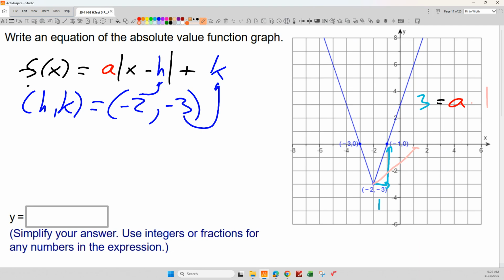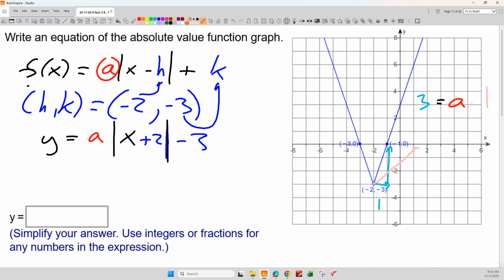The other way you could always do this is you could solve for A algebraically, because I know the values of H and K, right? So I have the equation Y, that's just Y. F of X is just Y, right? It's the output. Y equals A times the absolute value of X minus -2, so that's X plus 2, plus -3, so minus 3.